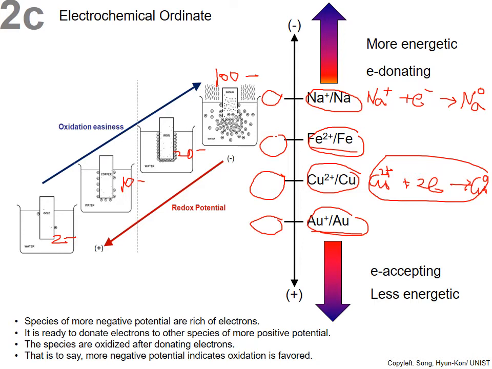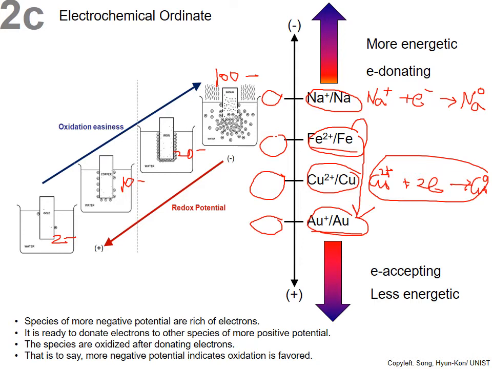Electrons are transferred from the upper position to the lower position, always. I have said the more negative reduction potential indicates the rich guy in terms of electrons. That guy would donate its own electrons to the other guys. So electron is transferred from here to there.